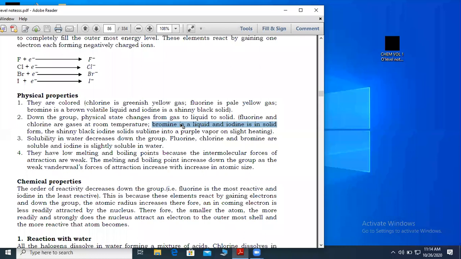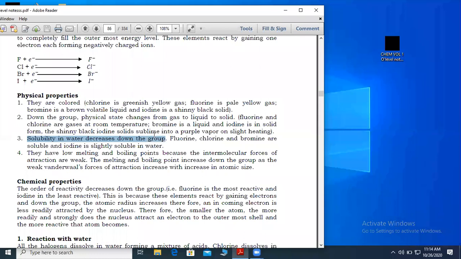Give any two physical properties of the elements. The answer is here. They are colored. That is one physical property. Solubility in water decreases down the group. That is another property.